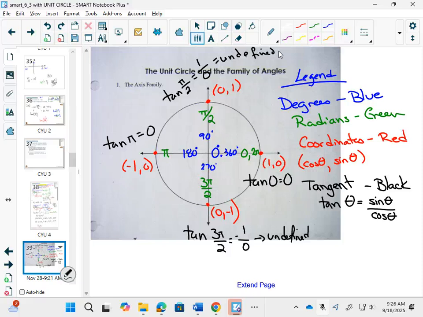Four points, sine, cosine, tan, 3 trig ratios. With this picture, you can now do 12 calculations, mental math, without a calculator. Technically, you can double that because you now can also do secant, cosecant, and cotangent of all those. So those 4 points give you the opportunity to do 24 mental math calculations where you don't need your calculator.